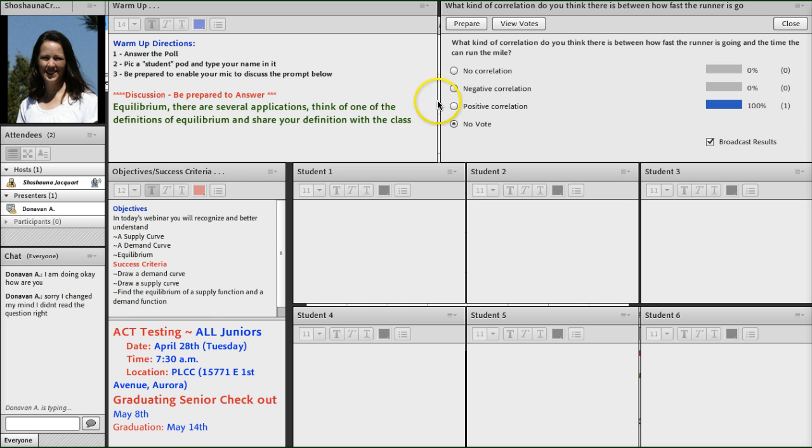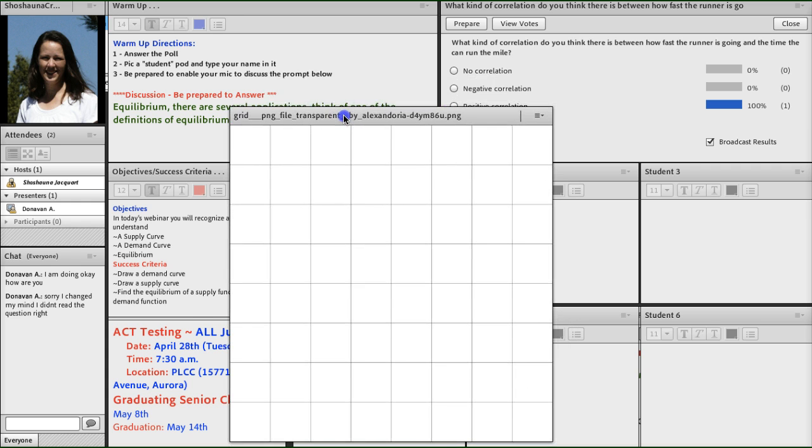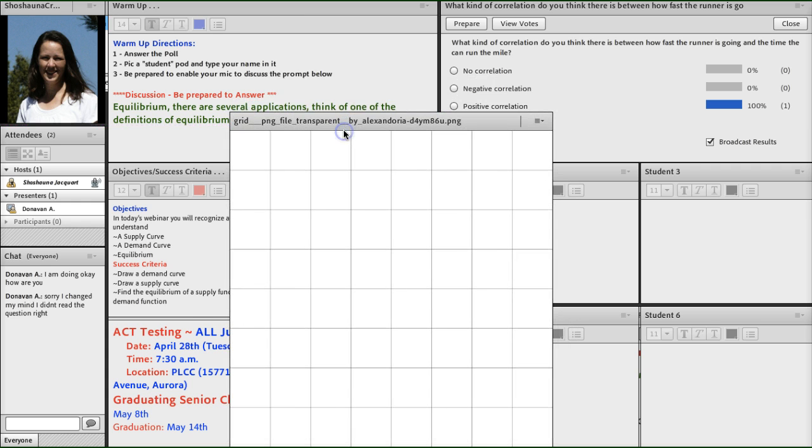So let's real quick, I think I have it here. Okay, let's try to make this. What correlation do you think there is between a runner and how fast the runner is going?